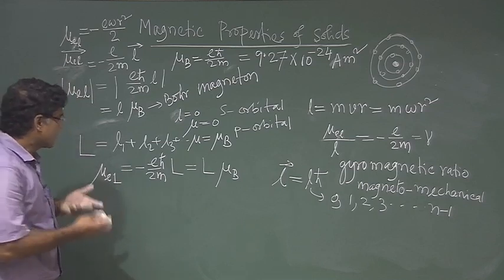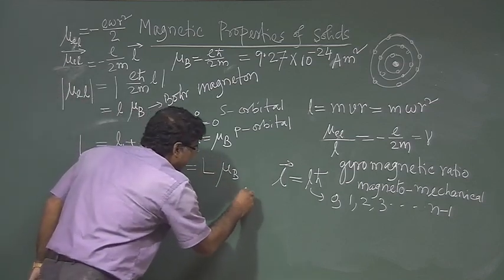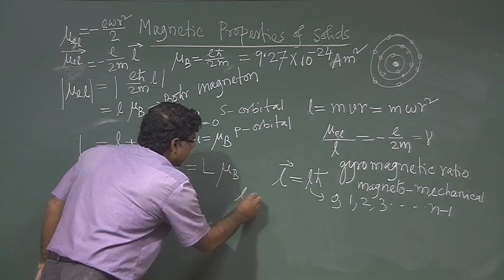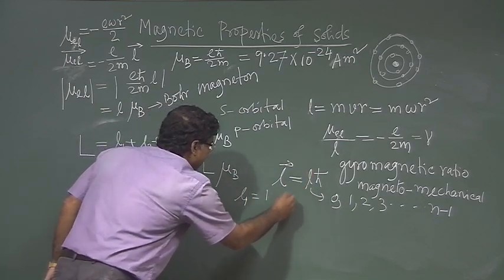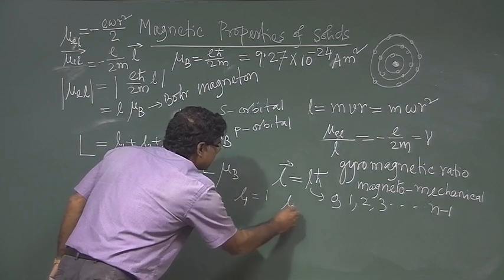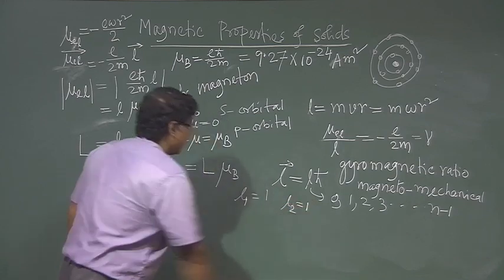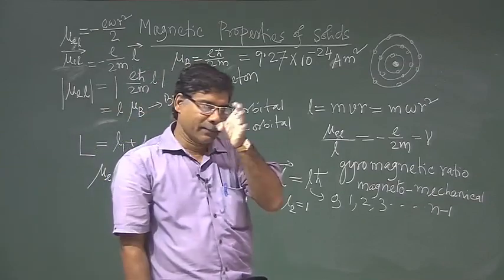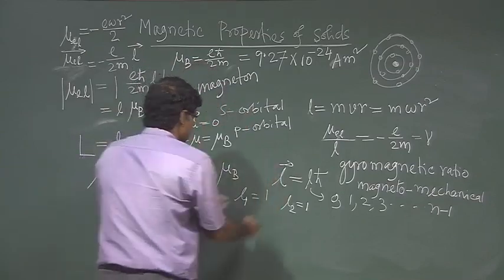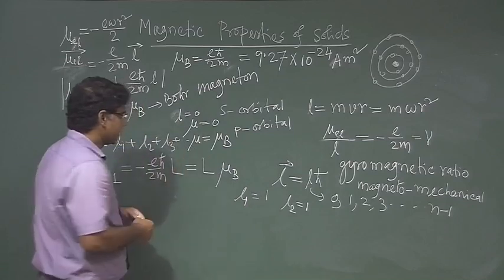So if we just take two, L1 equal to say 1 and L2 say 1, meaning both are p electrons, okay. Then what will be the resultant L?